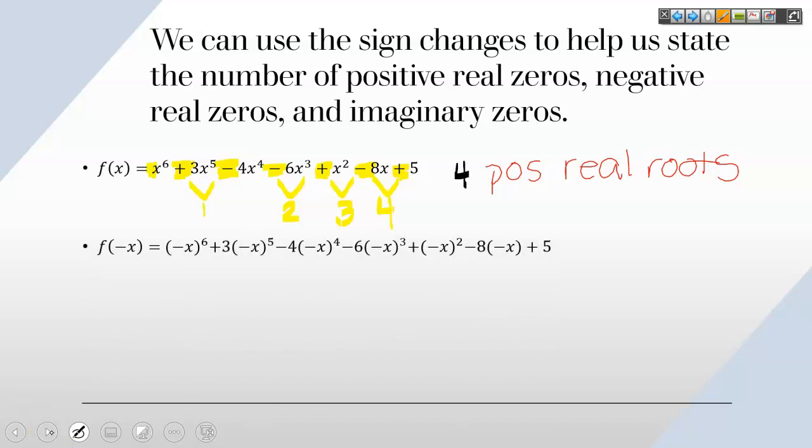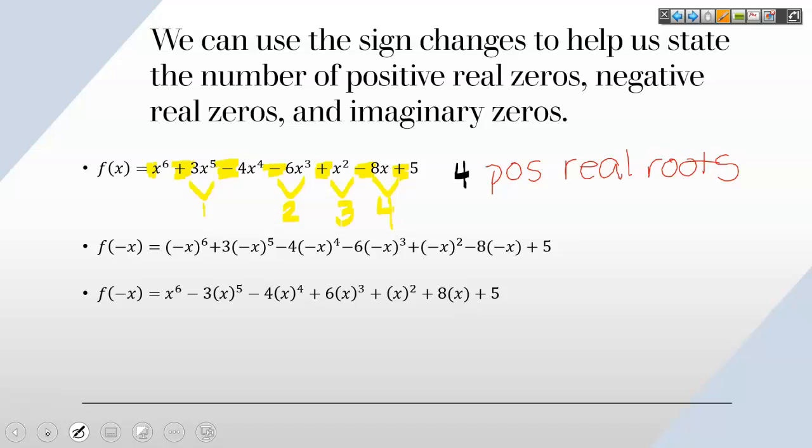So next, what we do is we take a negative x and we plug it in for every x value. We know that anything raised to an even power will be a positive answer. So f of negative x is 6 will stay positive because anything negative to an even power stays positive.